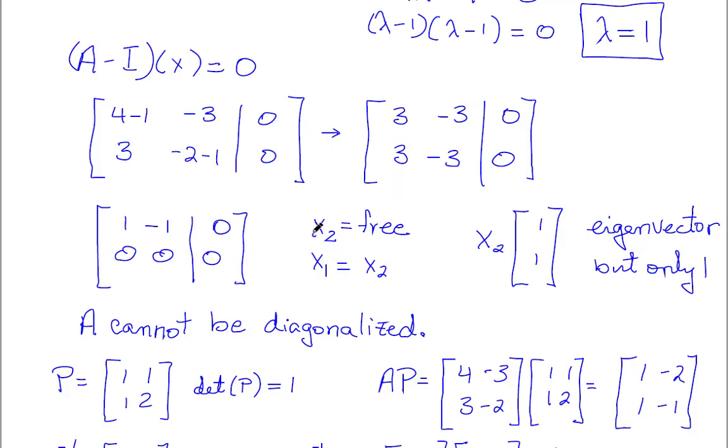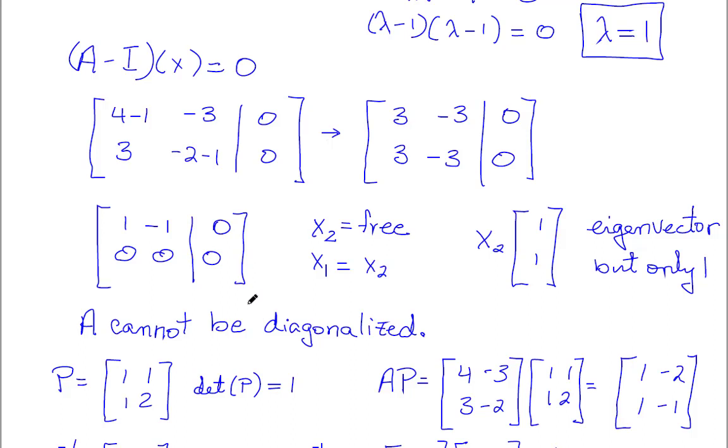And so what I see is x2 is free, x1 is just x2. So I really get x2 times (1, 1). So I only have one eigenvector. That's not enough, so I can't diagonalize A.